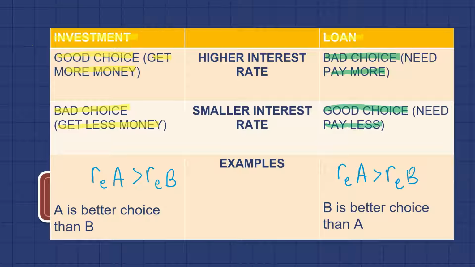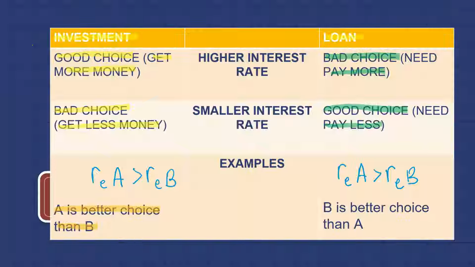For example, here we have the effective interest rate for investment. If you get the effective interest rate for choice A greater than the effective interest rate for choice B, it means that A will give you a better choice than B. You need to remember, if you want to compare two investments with different compounding periods, we need to use the effective rate. That's why here we are using the effective interest rate.